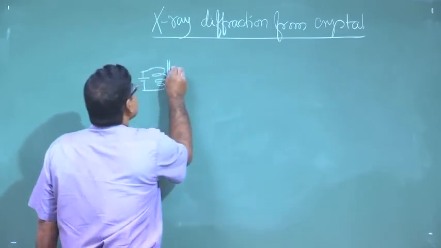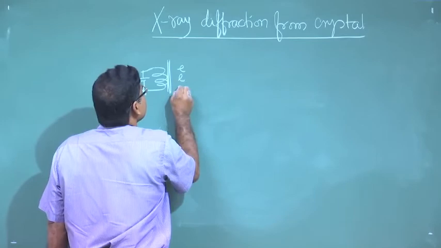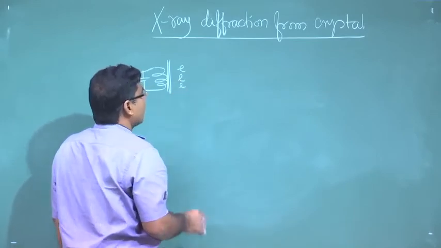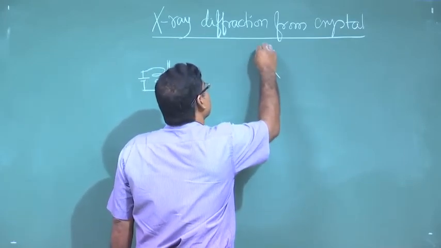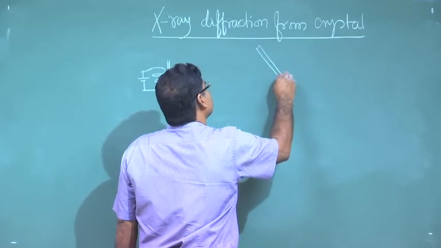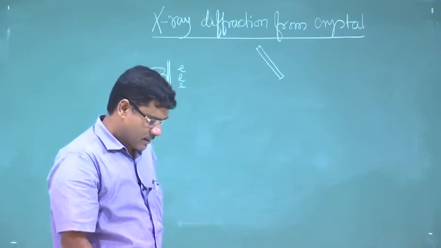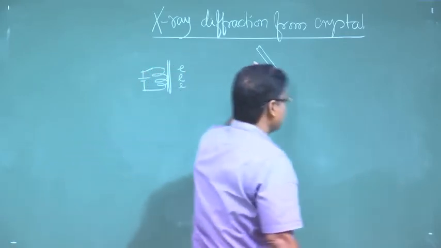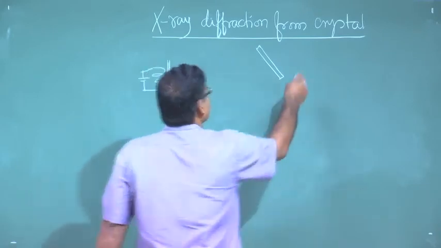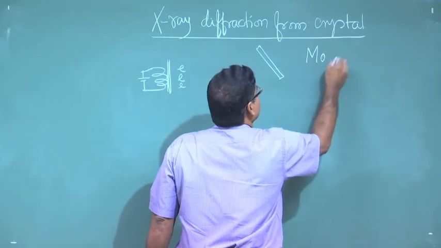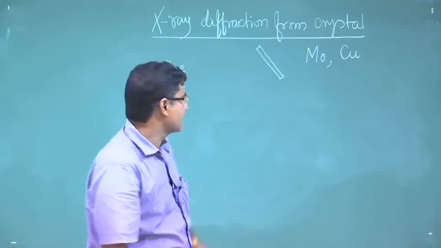So, from this cathode, electrons will be emitted, and now we have anode, means we have target. The target is generally molybdenum target or copper target.